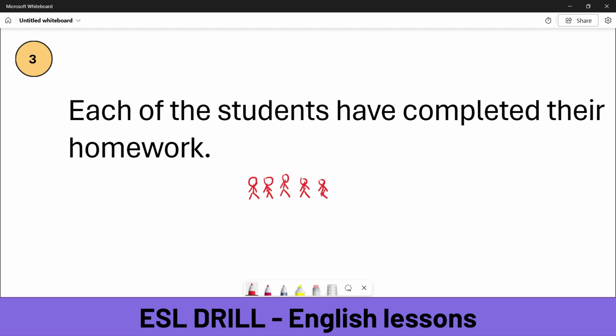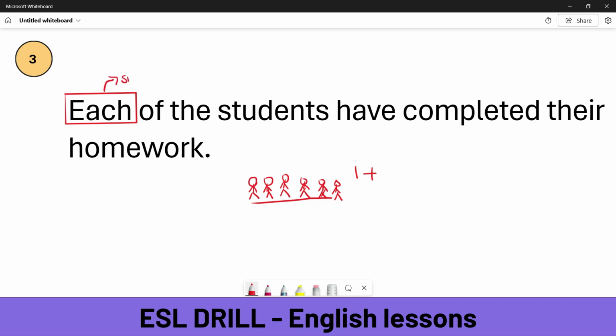Got confused? Don't worry. There may be more than one person, like, let's say 5 people or 6 people. And even though we are talking about more than one person, we have used a pronoun which is singular. This pronoun each is actually singular.